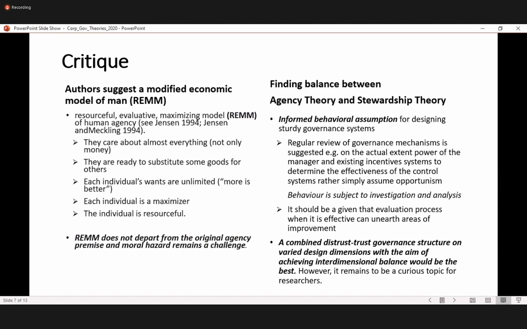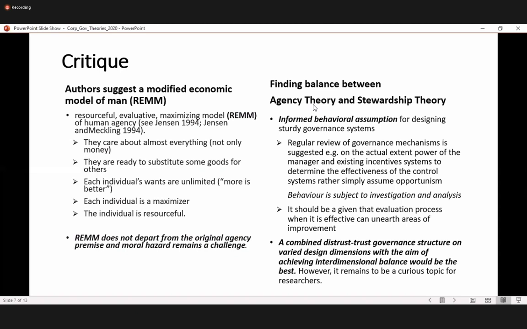You can't assume that the agent cannot be trusted until he has proven himself not trustworthy. I know that some of you, someone wrote in the chat last week, guilty until proven otherwise. No, innocent until proven guilty should be, because we are capable of doing good. So there has to be informed behavioral assumption.